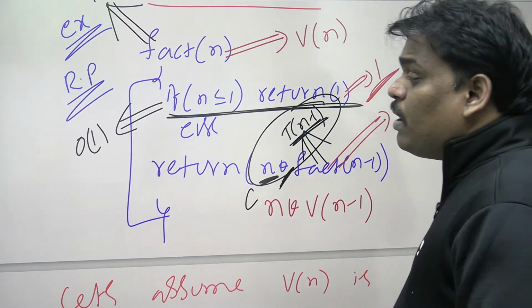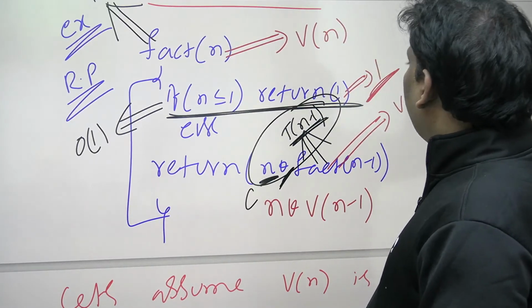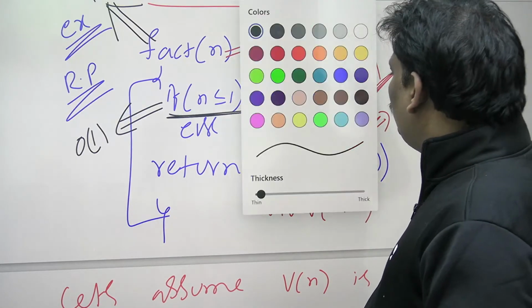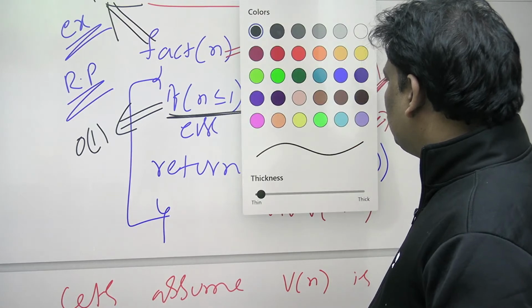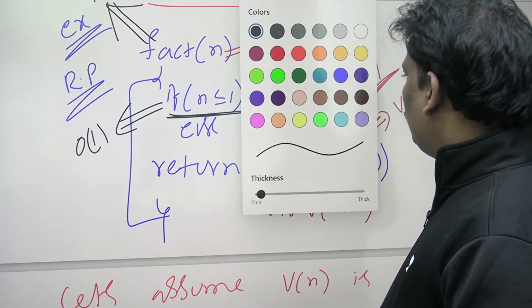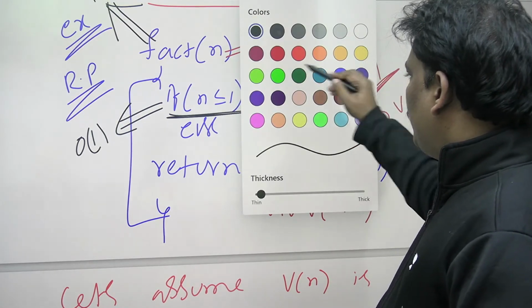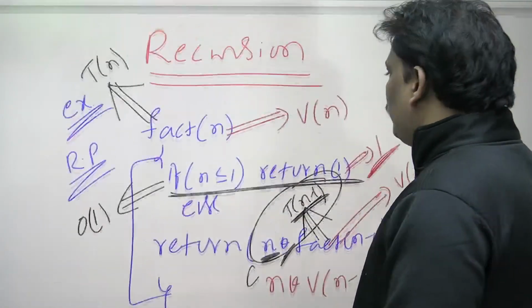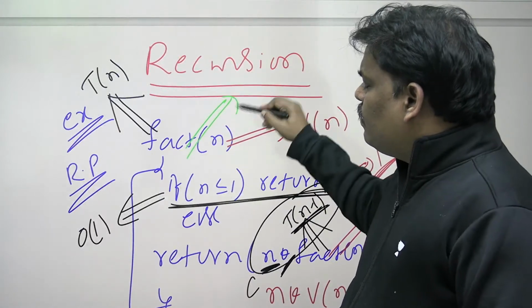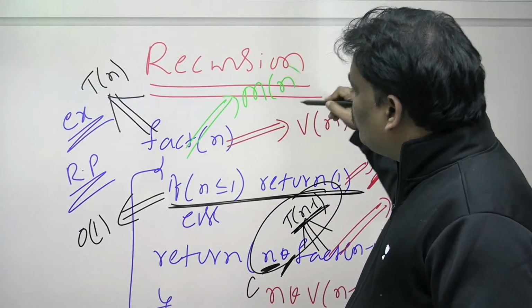I think M of n means multiplications. Let me use another color. See this one, everyone listen. Fact of n, multiplications are M of n.